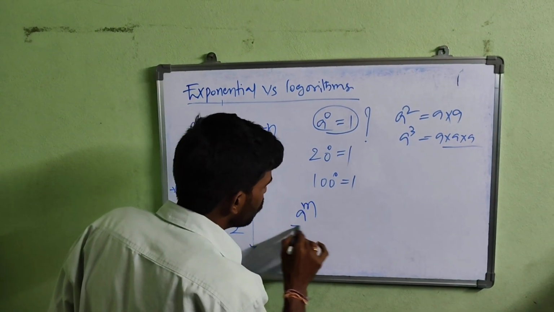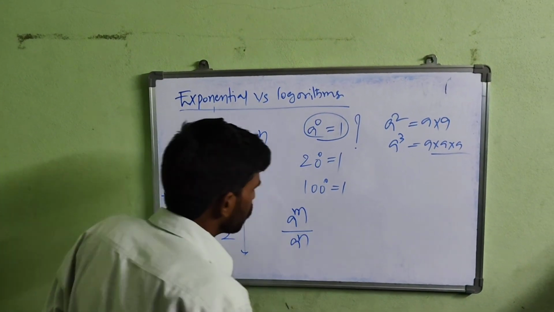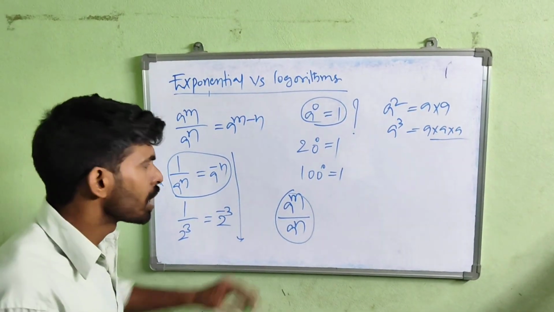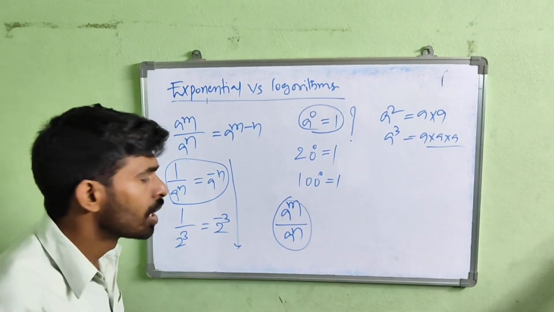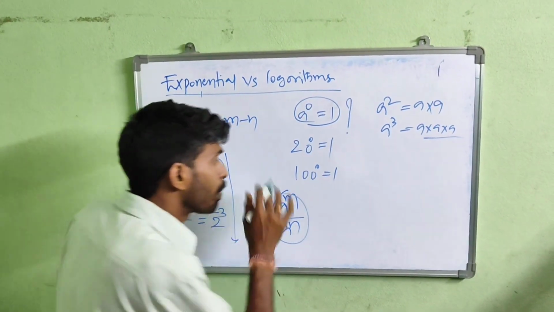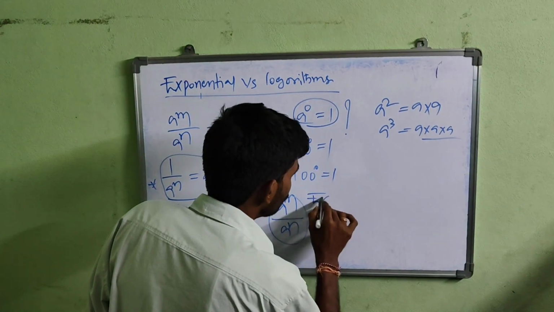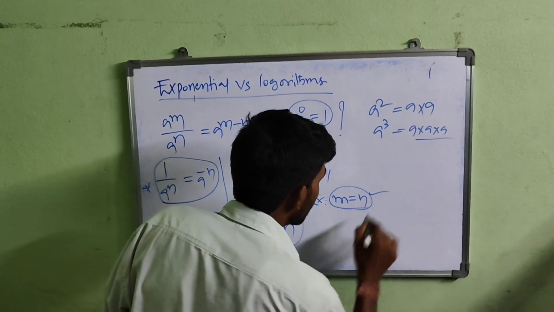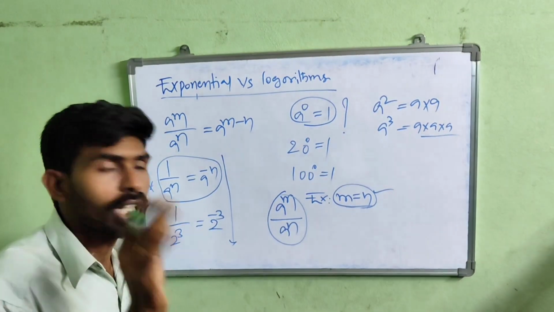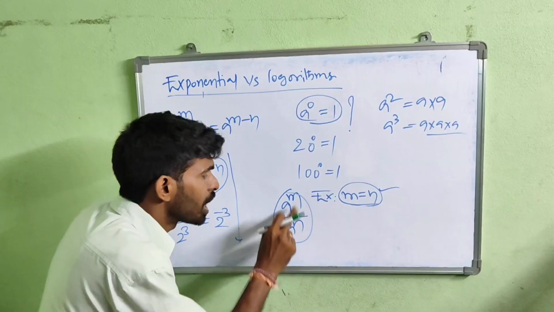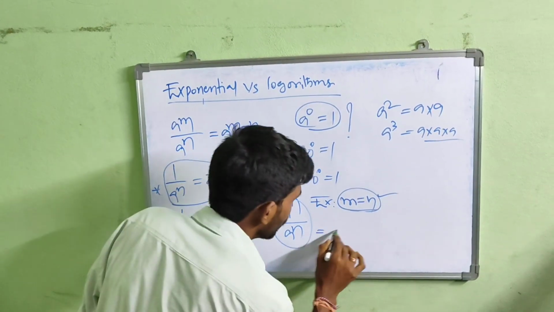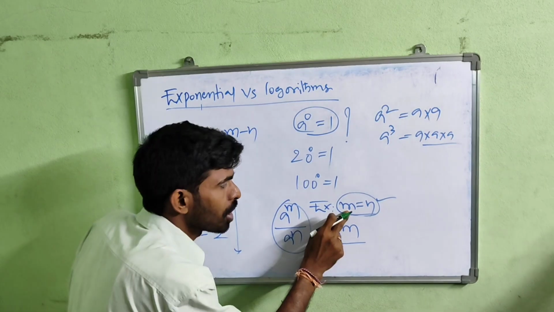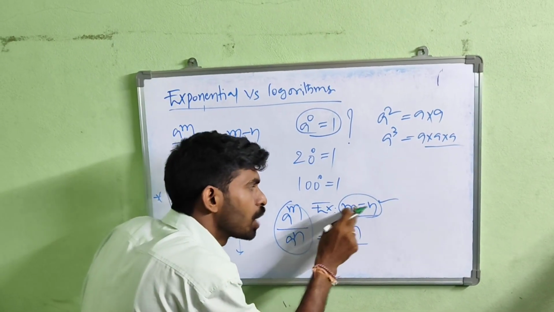A power m divided by a power n. For example, take this formula into consideration. I consider it as m equal to n. That means n equal to m.